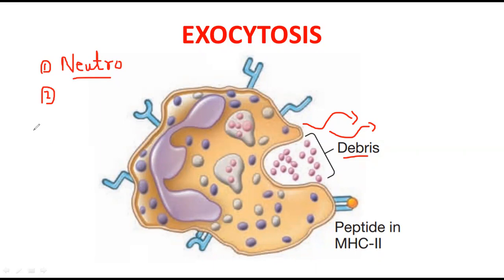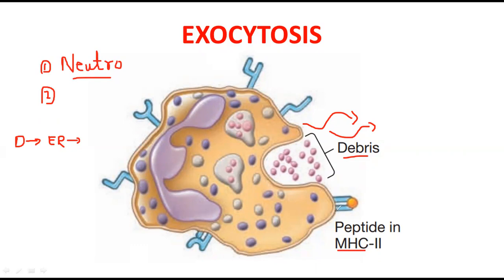These debris are transported into the endoplasmic reticulum of the macrophages, the B cells, and the dendritic cells. After that, there are special types of proteins known as MHC proteins, MHC1 and MHC2, that perform a specific function, and now I will tell you.